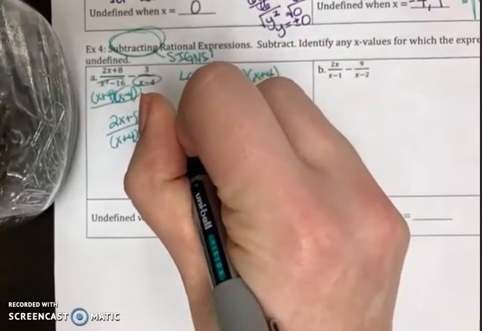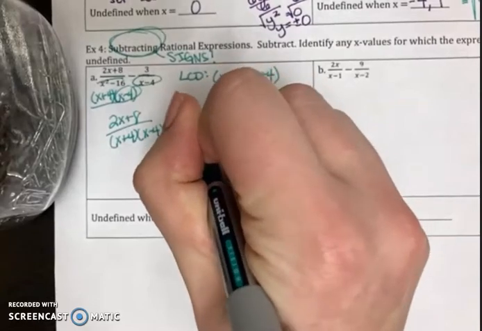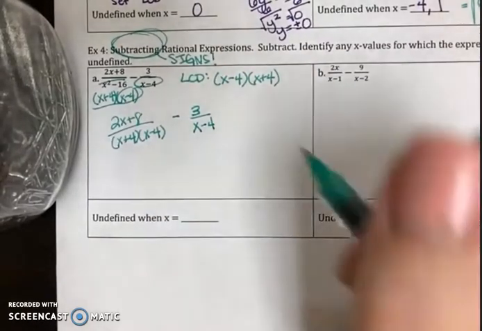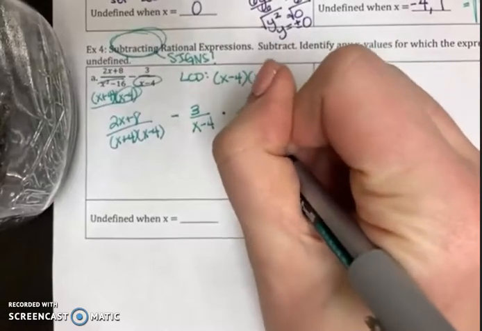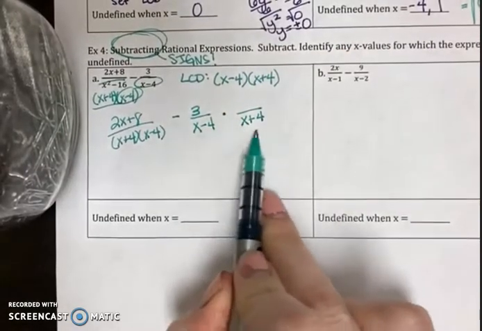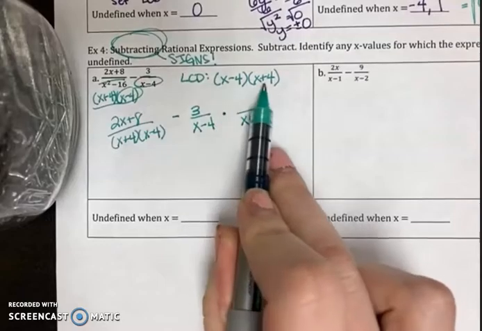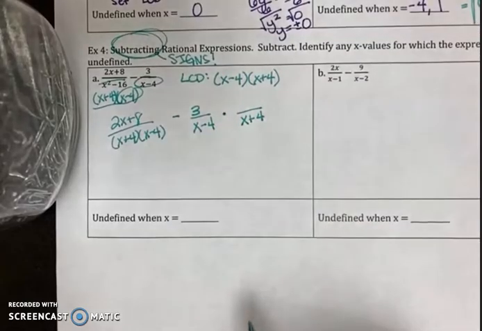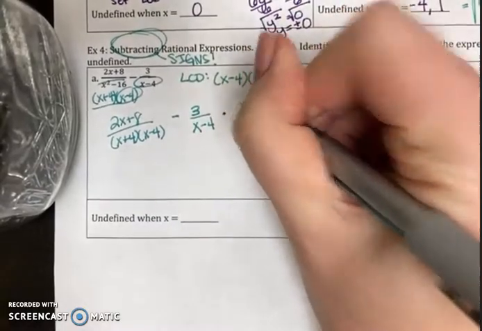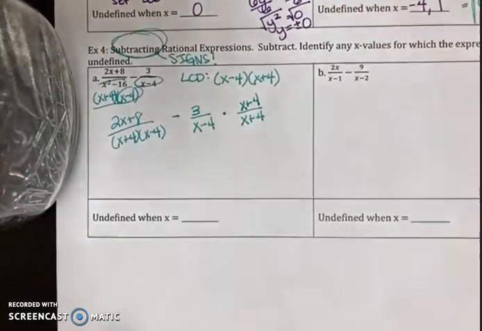However, the second term only has x minus 4, so I need to multiply it by x plus 4 in order to get both of the binomials that are in the least common denominator. But remember, it can't just be multiplied by the denominator. We also need to multiply the numerator by the x plus 4.